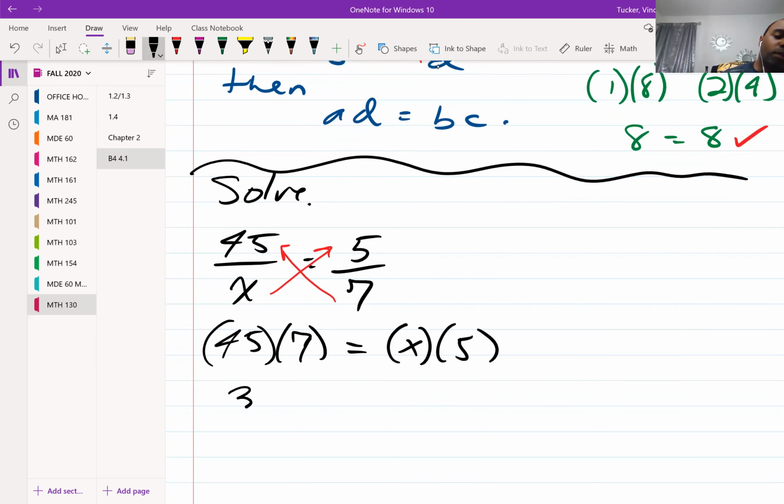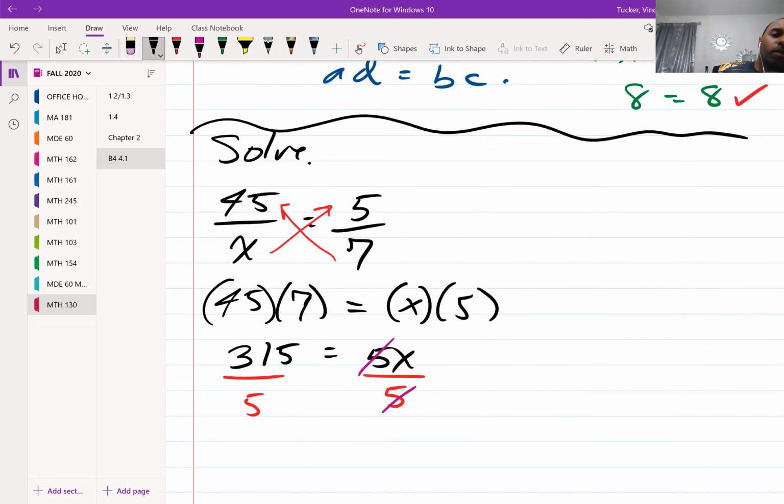So on the left is 315, on the right is 5x. Divide by 5, and x is equal to 63.